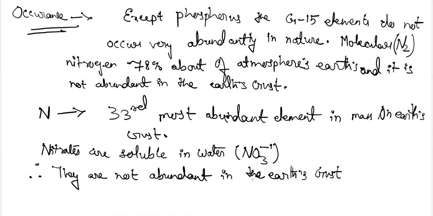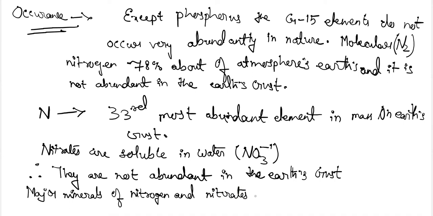Some of the major minerals of nitrogen, or nitrates, are NaNO3, sodium nitrate, which is termed as soda nitrate, also termed as Chile saltpetre.